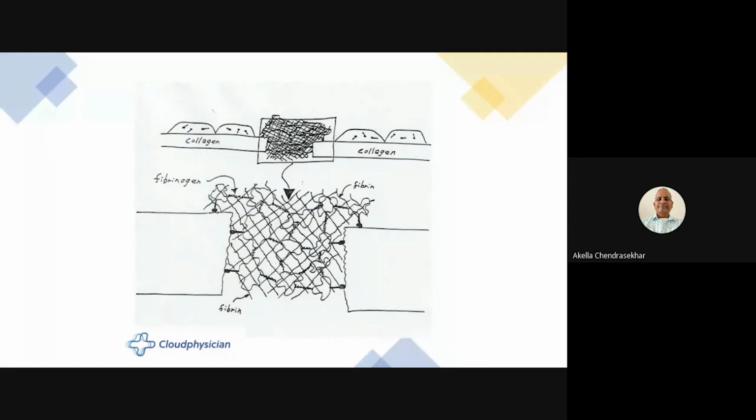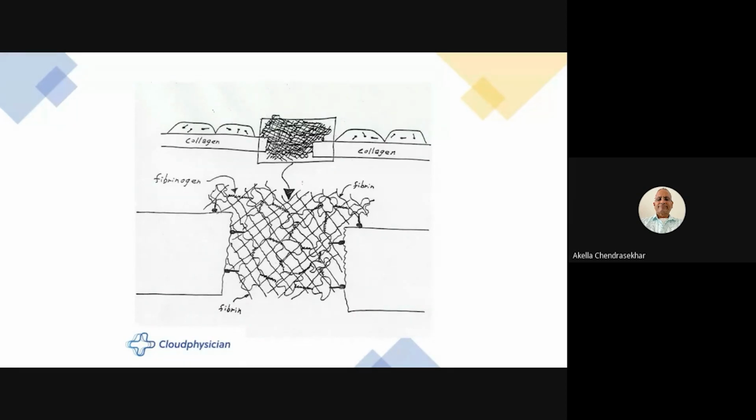Now, if the fibrinolysis runs amok, that's a problem for us. And where do we see that? Well, we see that in certain patients that have trauma, especially head injured patients. Fibrinolysis may be problematic. So we have to think about that.